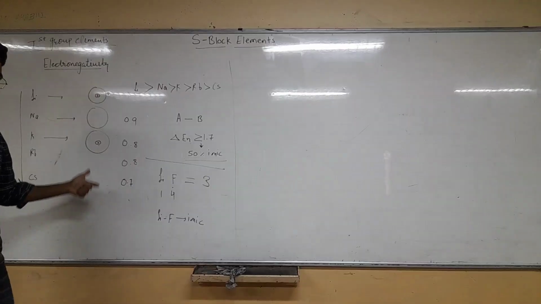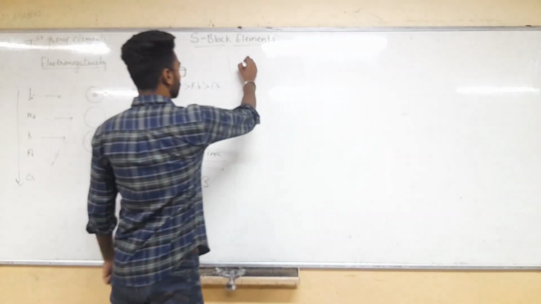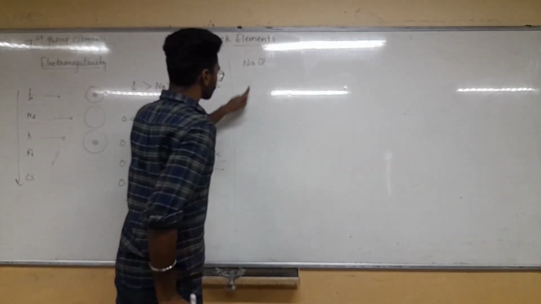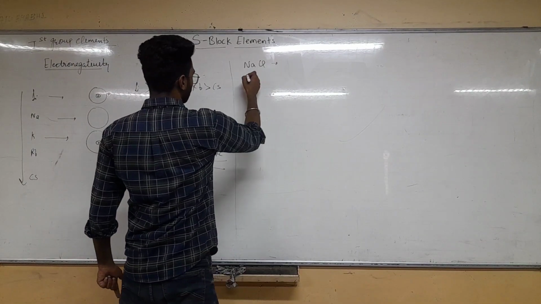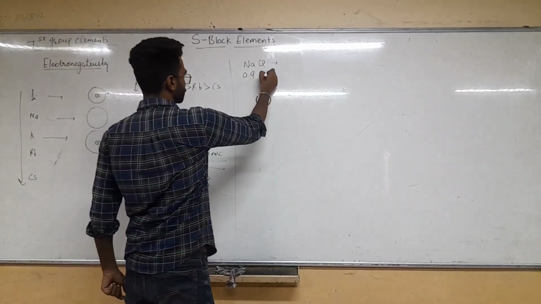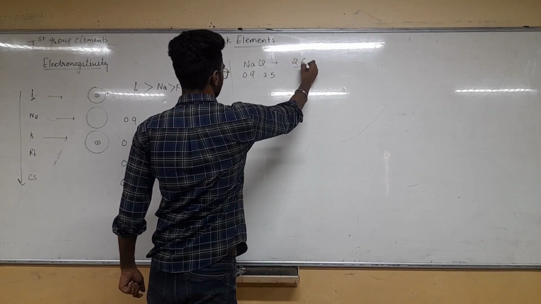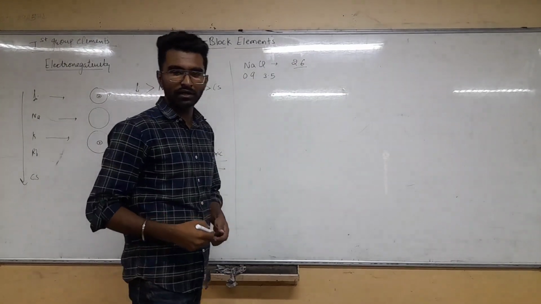Other atoms also have low electronegativity values. Let's talk about NaCl. The electronegativity of sodium is 0.9 and Cl has 3.5. The difference is around 2.6, so it is also ionic.